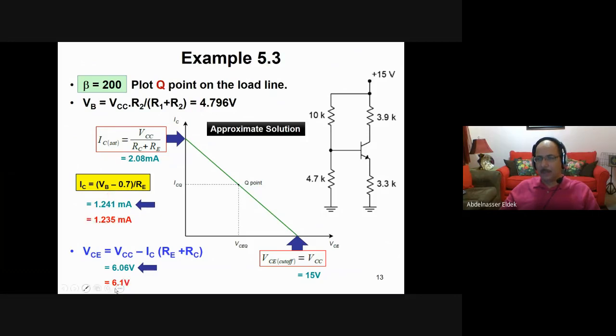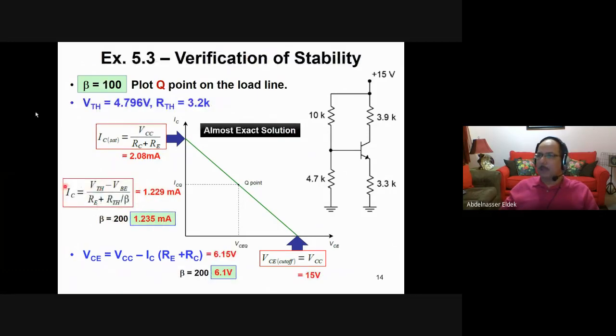1.235 and 6.1. So let us use this Thevenin equivalent when beta, for example, equals 100, and see what the difference is, how IC and VCE change. So if beta is 100, we still have the same load line, okay, but what about IC?